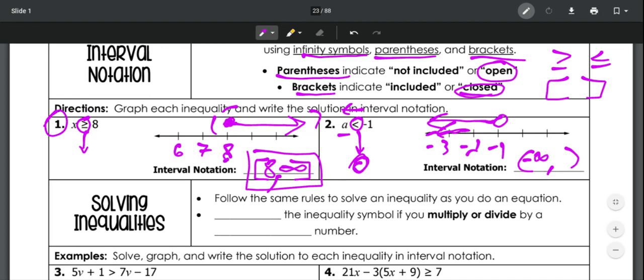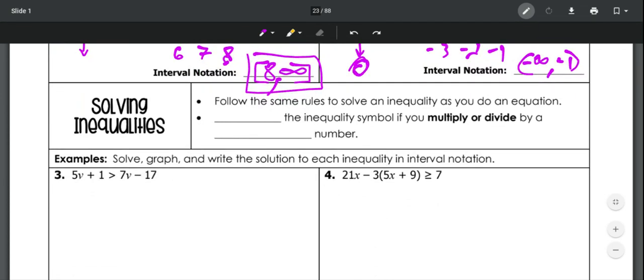That's going to be our first coordinate. Then we're going to add in our -1 because it goes all the way up to this -1 and then it stops. It doesn't go any further than that. All right. Now, that is the graphing. That's what you need to know for the graphing of inequalities.